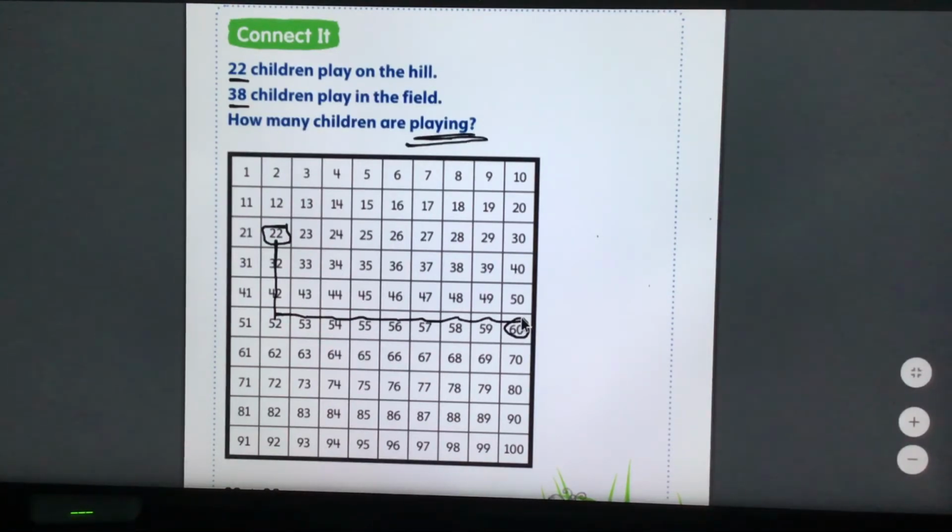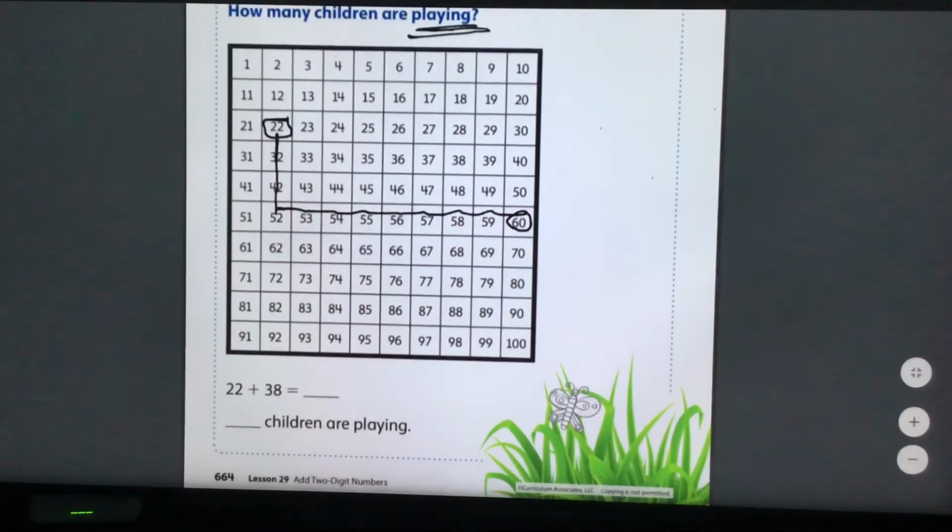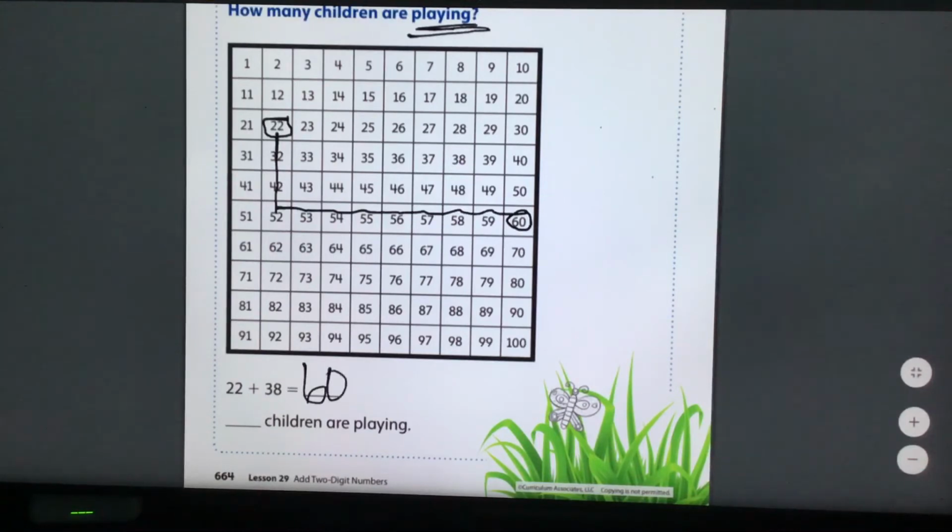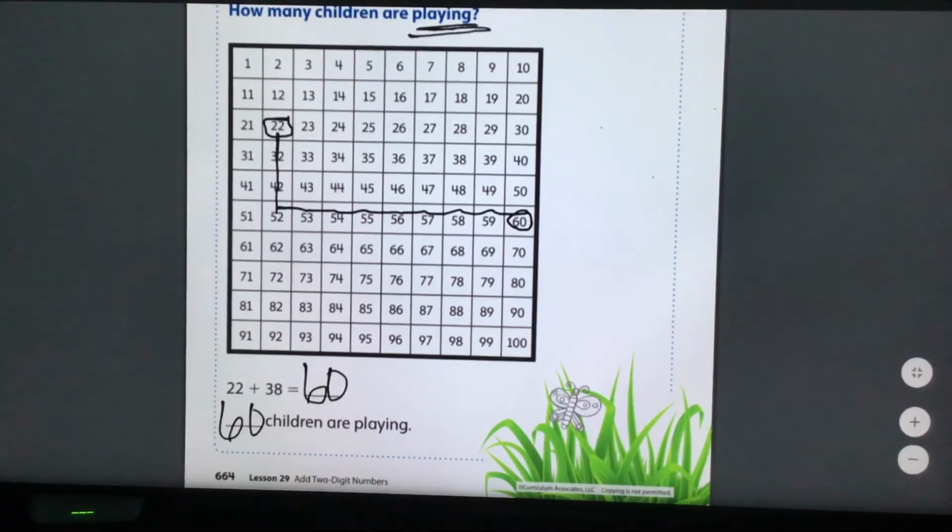So 22 plus 38 is 60. So when you go down here, 22 plus 38 equals 60. 60 children are playing. So using the hundreds chart is another strategy that you can use to add your two-digit numbers. You just have to break up your second digit into the tens and ones, and you move down for the tens and then across for the ones.